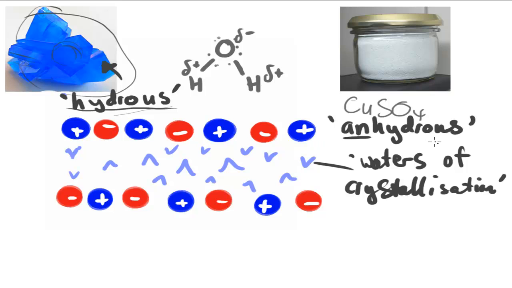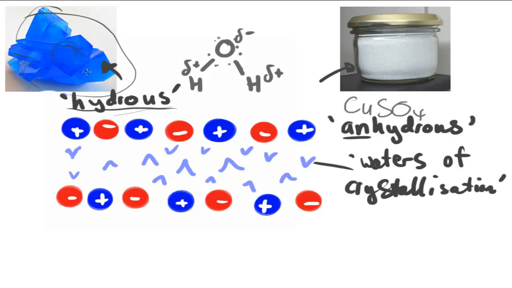It doesn't have that water nature to it, and as you can see, the visual properties look slightly different. This can change into this by the addition of water, and this can change into this by heating in order to get the water to leave it.